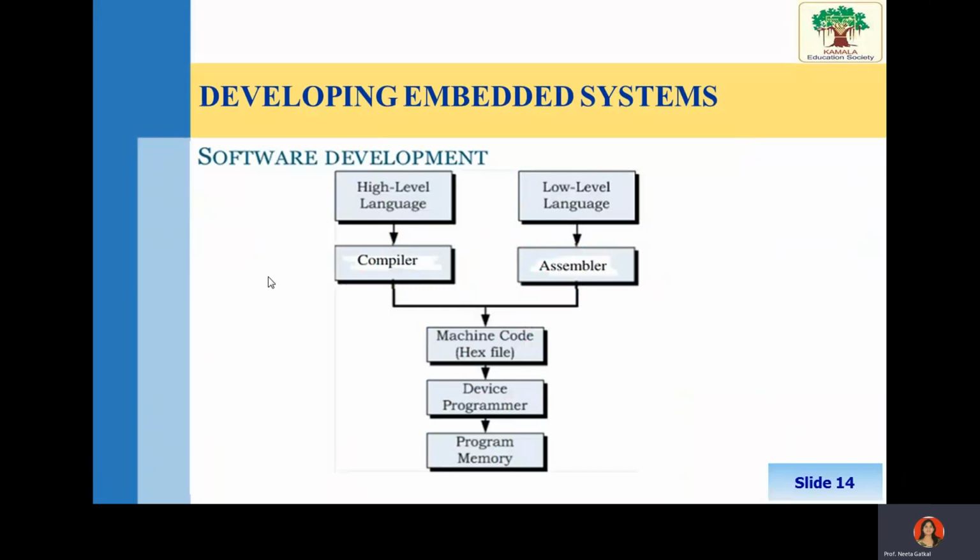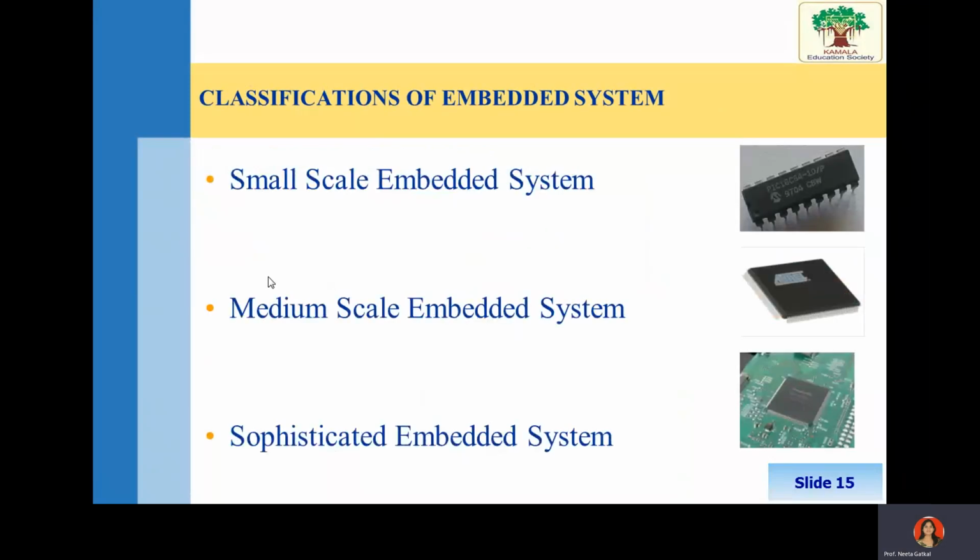Now we move further to the classification of embedded systems. The embedded system is classified into three main types: small scale embedded system, medium scale embedded system, and sophisticated embedded system.